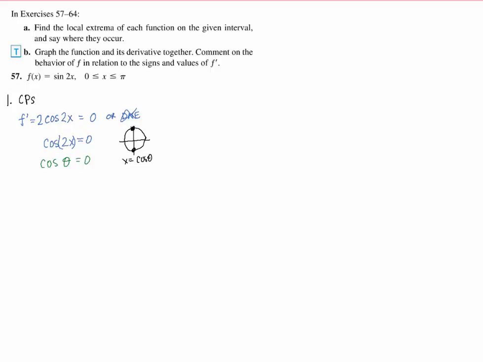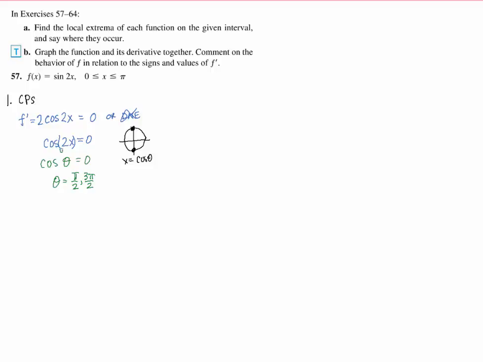So this green equation, cosine of theta equals 0, when theta is pi over 2, or 3 pi over 2, or negative pi over 2, or 5 pi over 2, or any odd integer multiples of these pi over 2 values for theta.